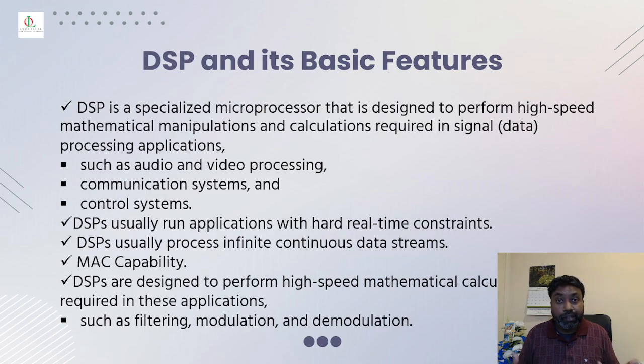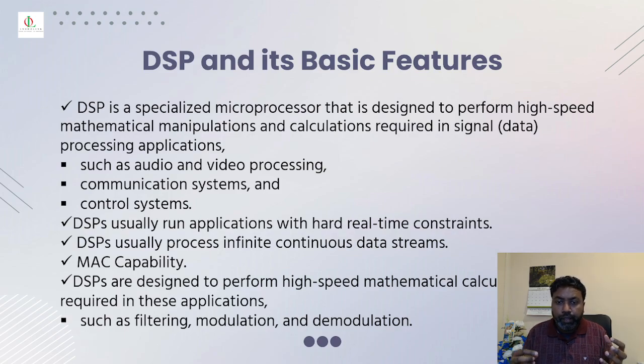DSP is a specialized microprocessor that is designed to perform high-speed mathematical manipulations and calculations required in signal processing applications. It is mostly used for data processing. So if you take as an example audio or video processing, the image and the video that you're seeing, this has to be processed.